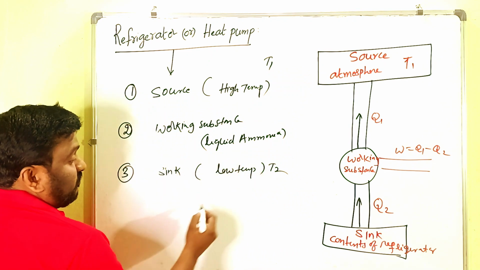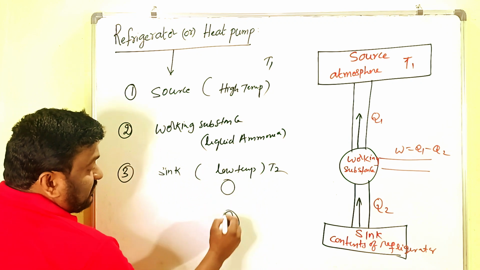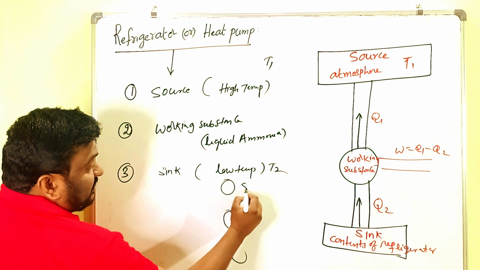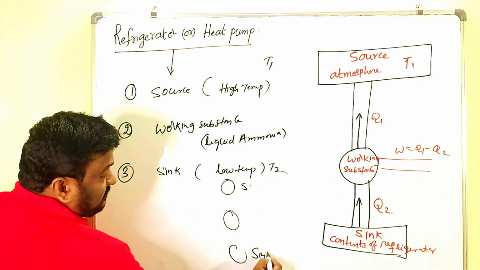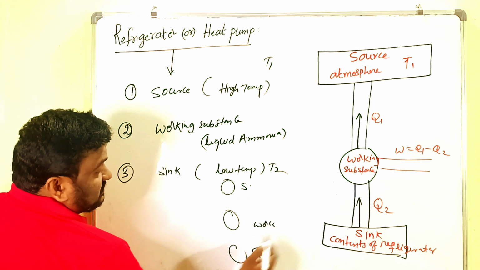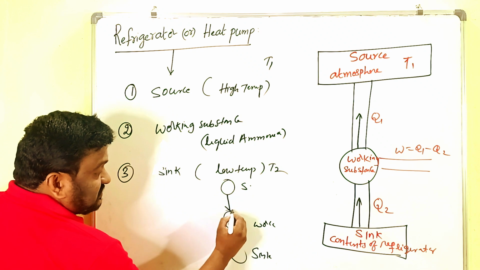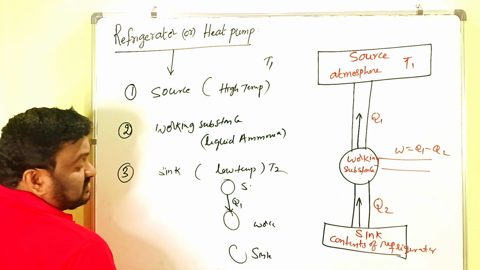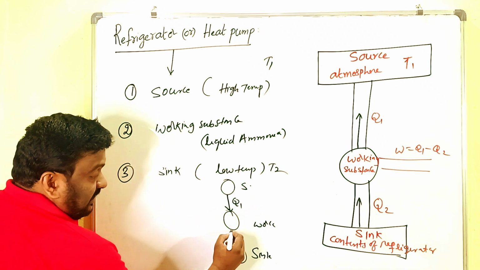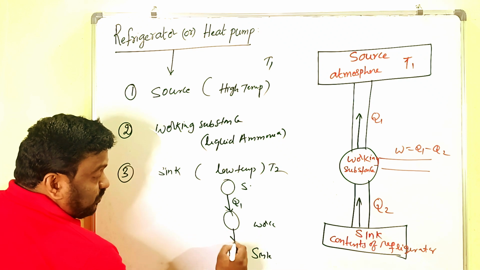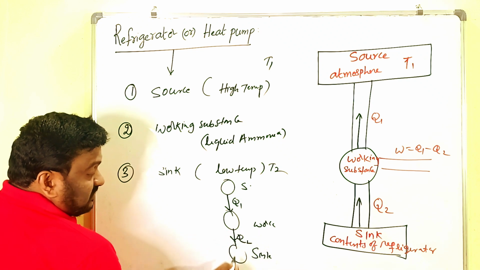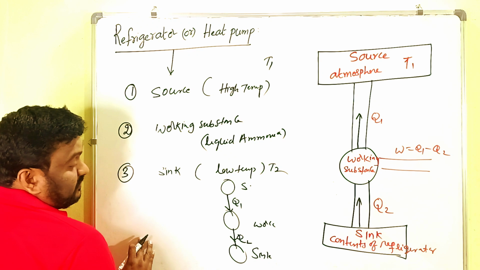So children, what did we discuss in the case of a heat engine? In a heat engine, this is the source, this is the sink and this is the working substance. From the source to the working substance, Q1 amount of heat is released, and after doing some work, Q2 amount of heat is given to the sink. Clear?